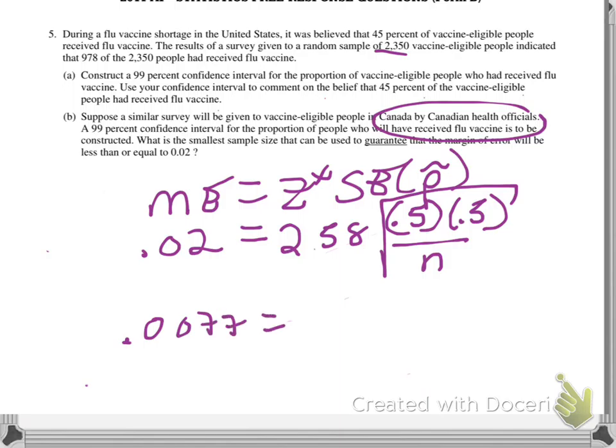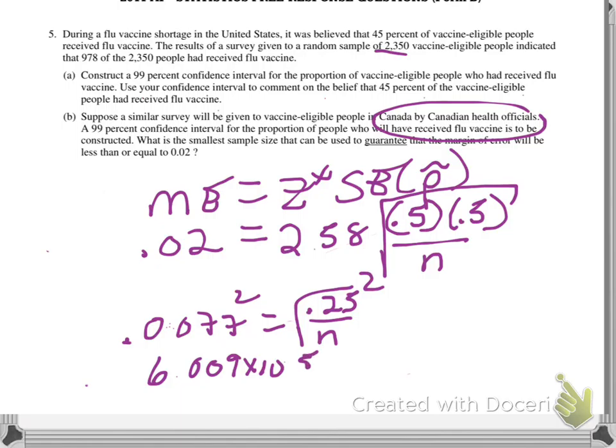0.00775, and then I get 0.25 divided by n, and I take the square root, so I'm going to square both sides. So I have this number here in my calculator, so I'm going to square that. And I get 6.009 times 10 to the negative fifth is equal to 0.25 divided by n. So now these numbers do the do-si-do.